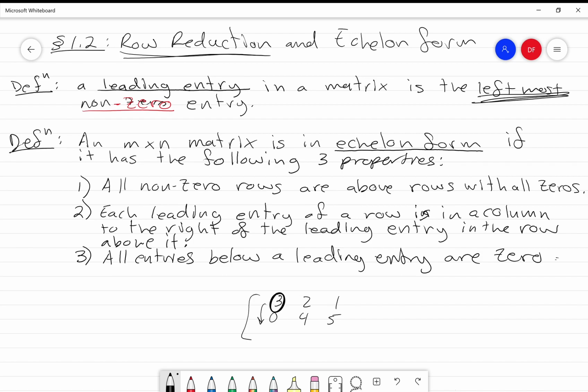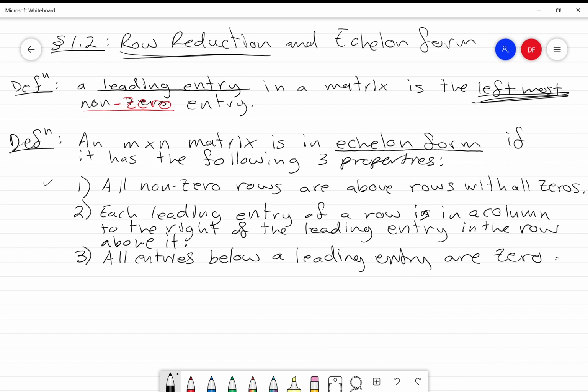So I have to have 0 here, I have to have 0 here, and then below this leading entry I have to have 0 here, and then this could be a leading entry or it doesn't have to be. So in this case, condition 3 is met. But if this was a 3, then condition 3 is not met. Because 4 is a leading entry, everything below 4 needs to be 0. And because 3 here is a leading entry, everything below it needs to be a 0.